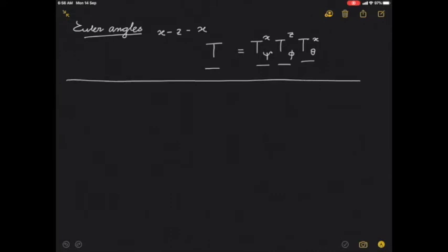Okay, so let us start that. So what this representation will be, remember we need to represent 3 rotations, which will be given by 3 independent numbers.